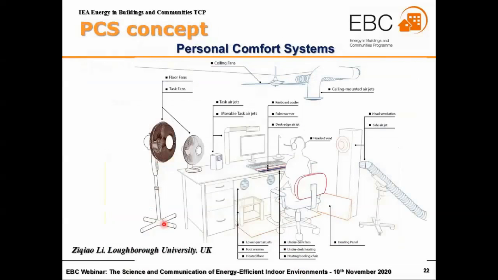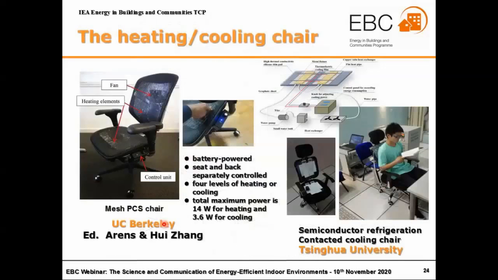And this picture shows different kinds of personal comfort system PCS terminals. You can see different ceiling fans, desk fans, standing fans, foot heaters, and also a ventilation system. And this one is some real things. There's a heating and cooling chair developed by UC Berkeley.